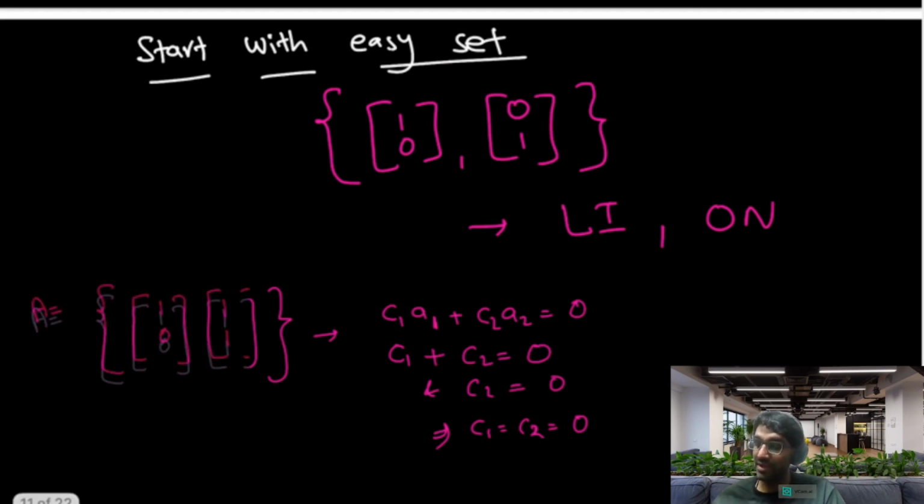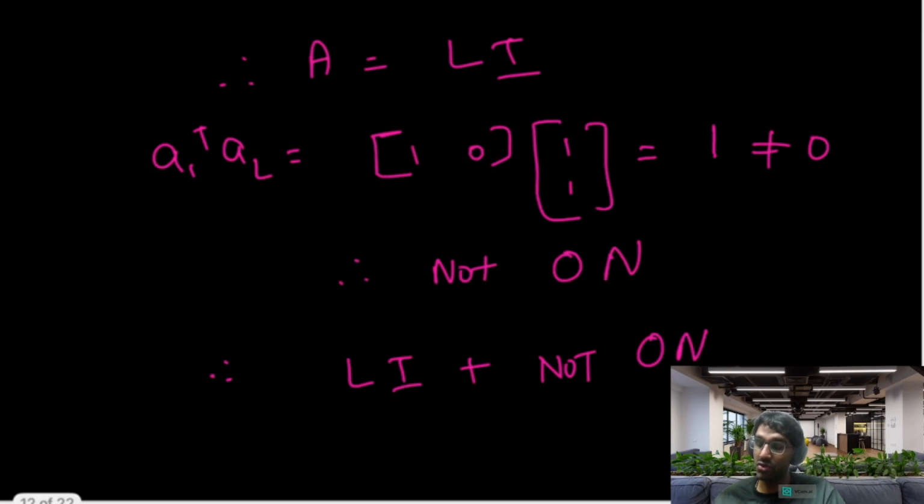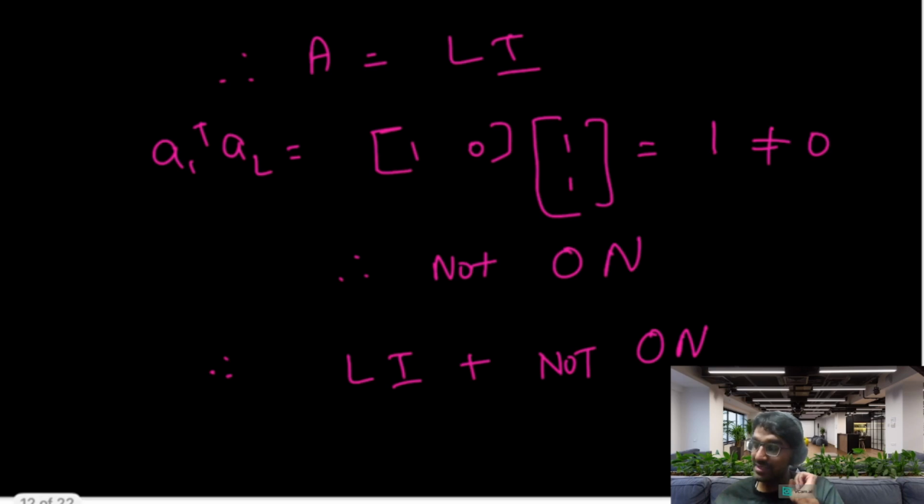Now let's check whether it is also orthonormal. We take the dot product of A1 and A2. A1 transpose A2 is equal to 1, 0 times 1, 1, which equals 1, and this is not 0. So it is not orthonormal.